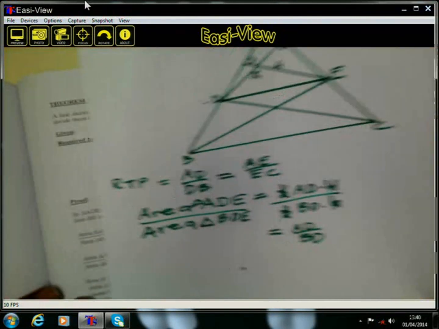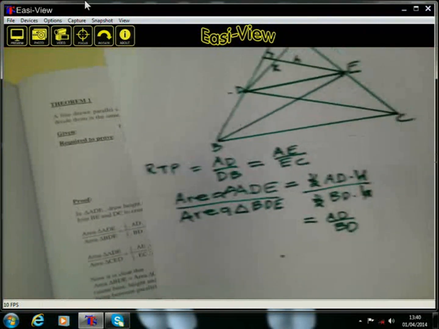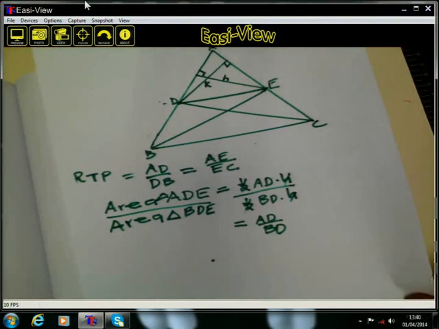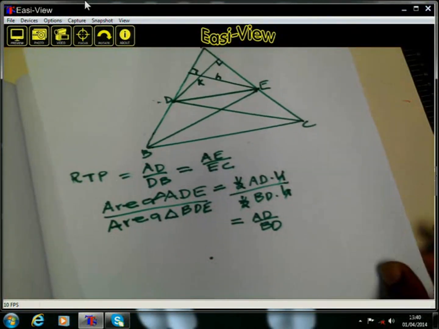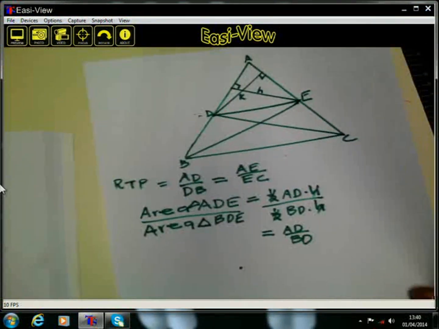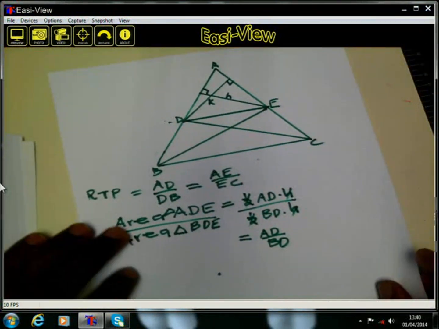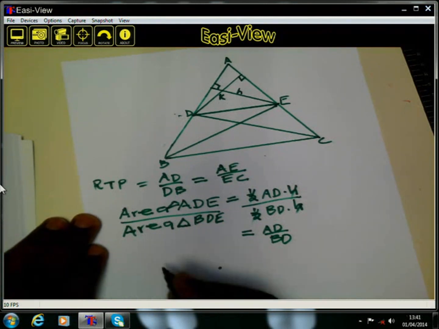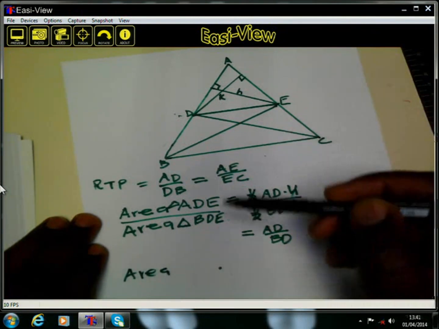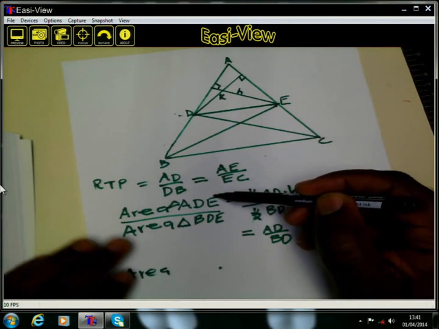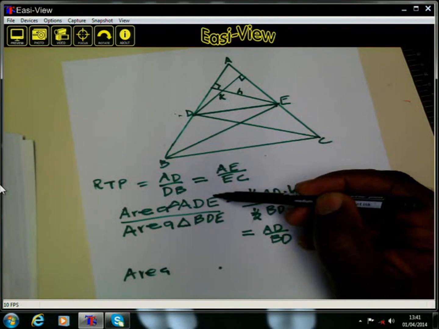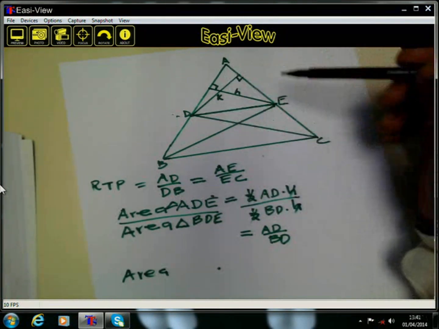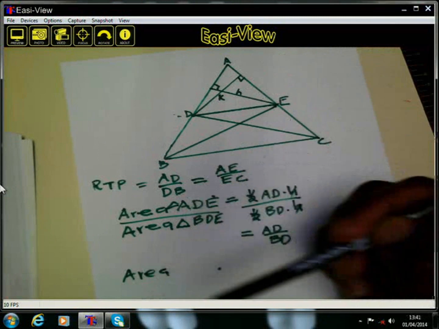Fine. Let me move over now to the next set of triangles. I am looking now at triangle ADE, the very same triangle. Remember, the reason why we're having ADE in our first part of the proof is that when you look at ADE, it has two perpendicular heights inside it.